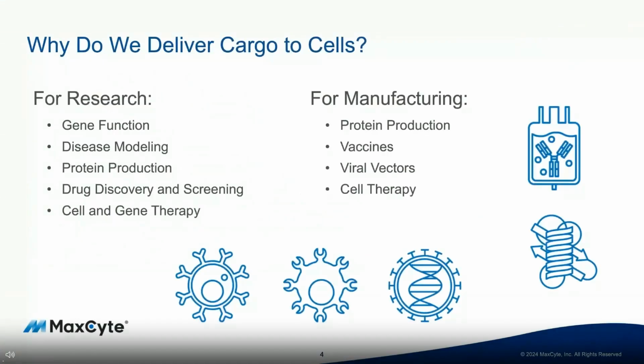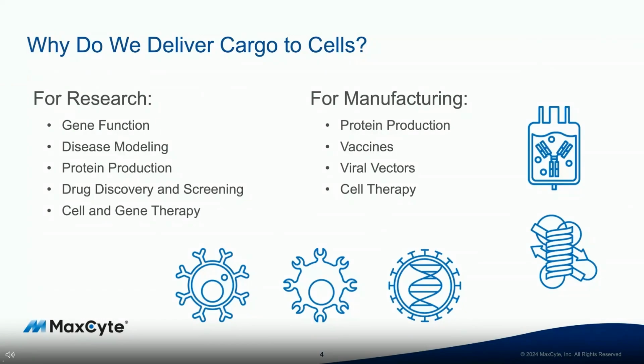So first of all, why do we want to deliver cargo into cells? For research, that could be to study gene function, either by exogenous overexpression of a gene or knockdown or knockout of a gene to understand its function. It can be used for disease modeling, to produce proteins, as well as drug discovery and drug screening.